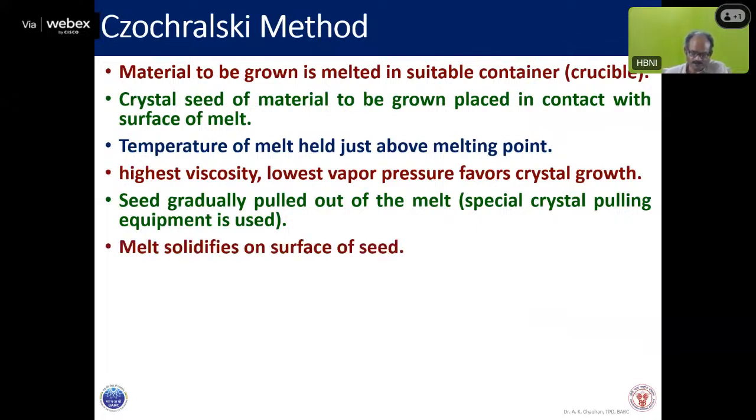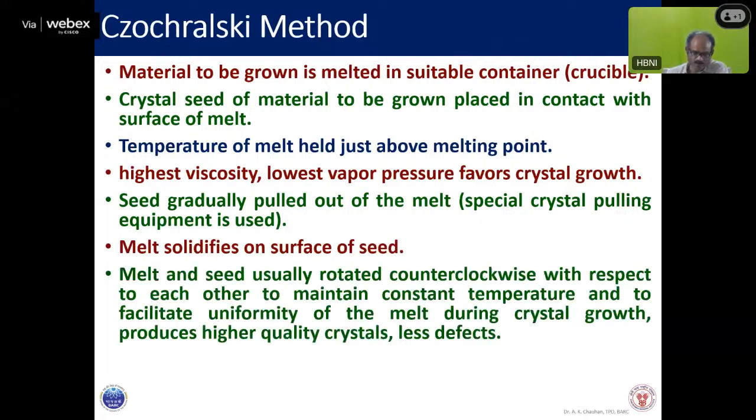Then the melt solidifies on the surface of the seed. The melt and seed are usually rotated counterclockwise. Sometimes only the seed is rotated, and in some sophisticated systems both melt and seed are rotated, meaning if one is rotating to the right, the other will rotate opposite to that.